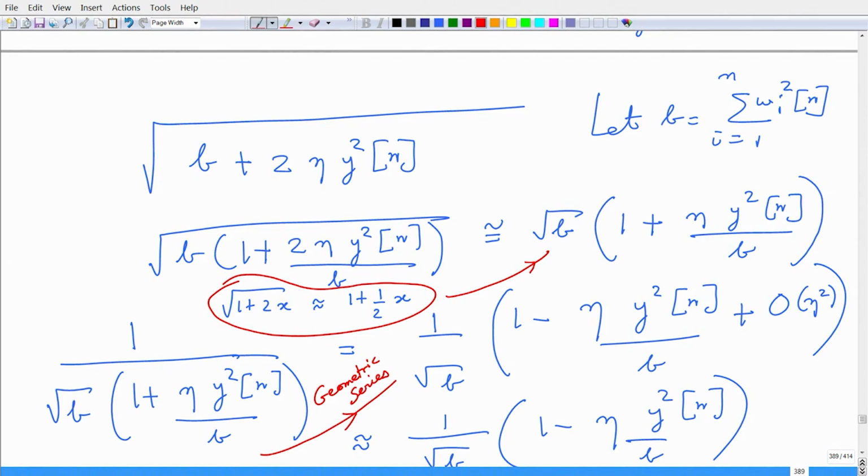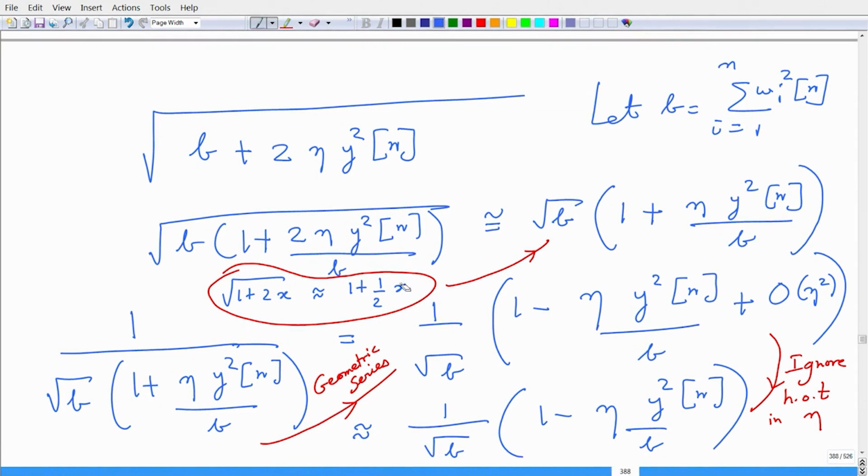But ignoring the higher order terms in eta at this step, I just get the linear term, which has the coefficient y square of n upon b.